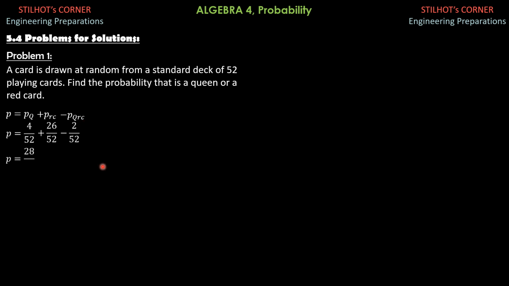So probability therefore is equal to 28 over 52, which is reducible by dividing by 4, 7 over 13. So that's for problem 1.